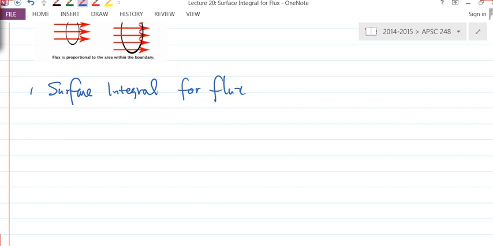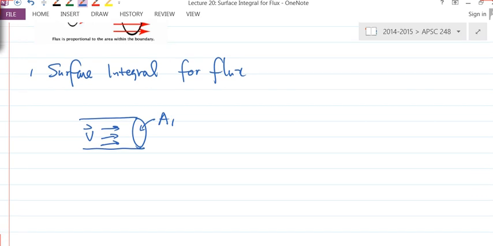Okay, so let's start from a simple one here. If I have a tube and there's water flowing inside the tube with a constant speed v, and the tube here has an area, let's say A1. So the question is, what's the rate of the flow of the fluid passing through this cross section A1 here?